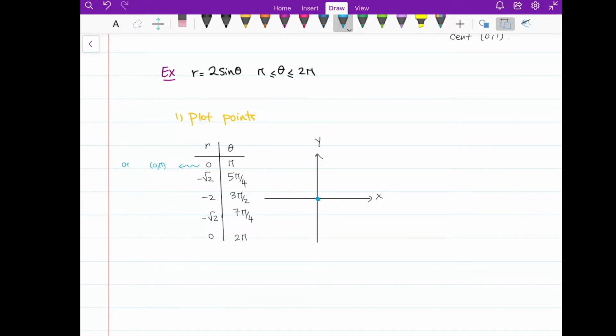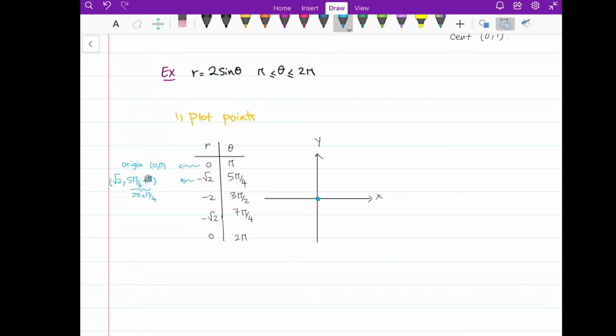Then what I have in here is the point negative root 2 and 5 pi over 4. You know that when r is negative, it would be the same point with r positive, but 5 pi over 4 plus pi, which is 2 pi plus pi over 4.